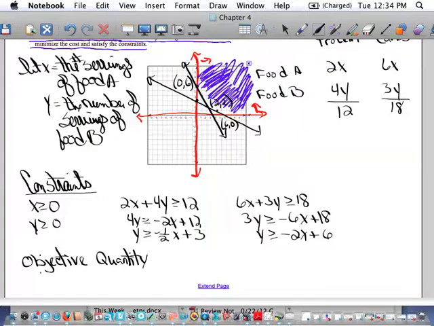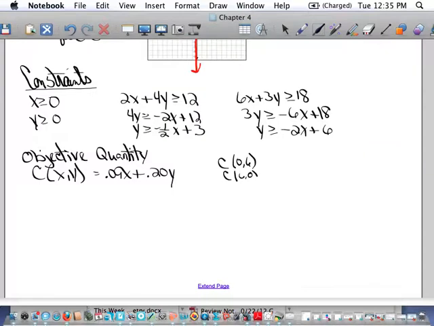So I'm going to use C. So C of x comma y is going to be equal to the cost for a serving of A, 0.09x, plus the cost of food B, which is 0.20y. Now let's look at where our vertices occur. I have one at 0, 6, one at 6, 0, and one at 2, 2.